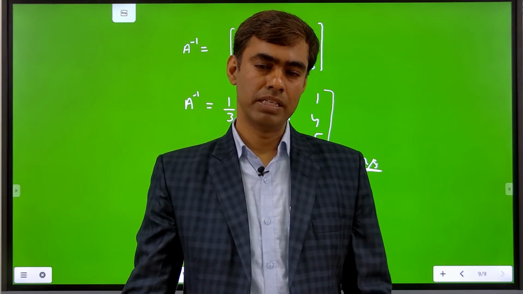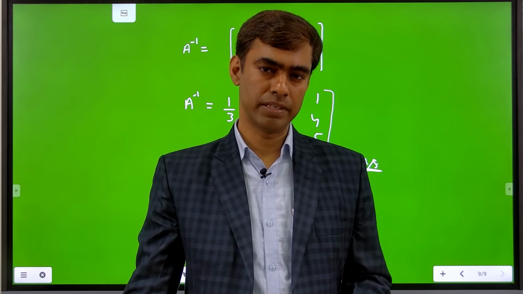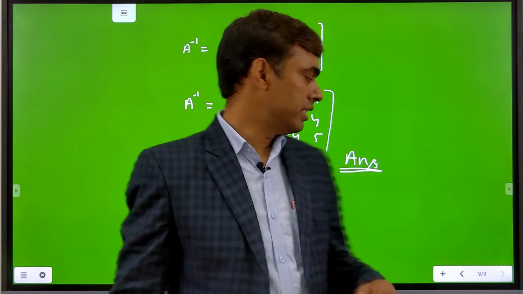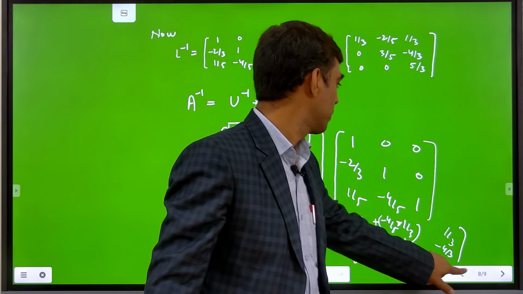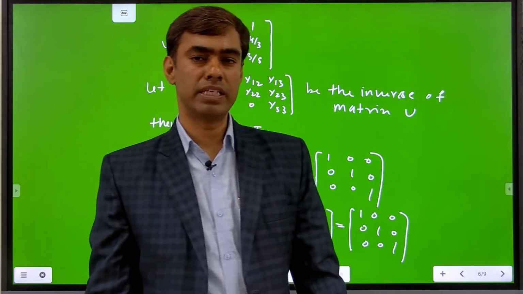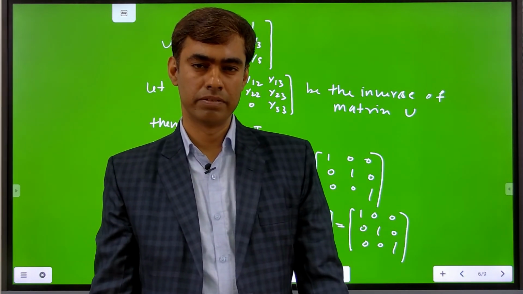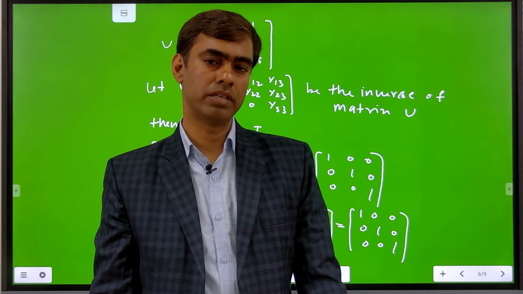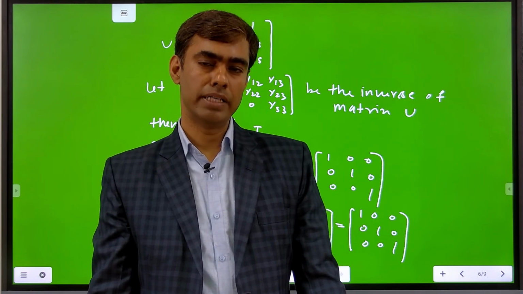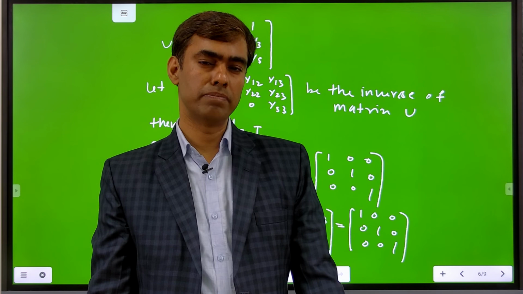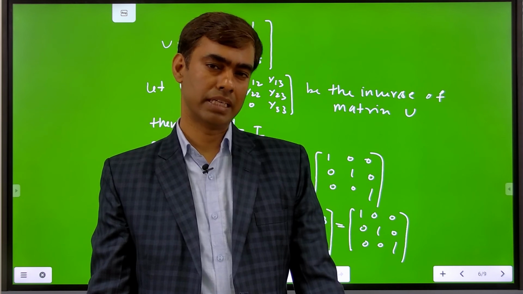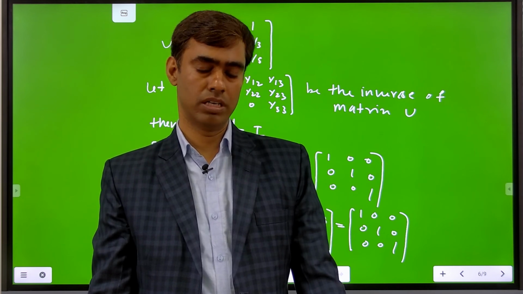In the case of the lower triangular matrix, first we compare the first row with the first row of the identity matrix, and to find U inverse we compare the last row first, then the second last row, then the third last row.